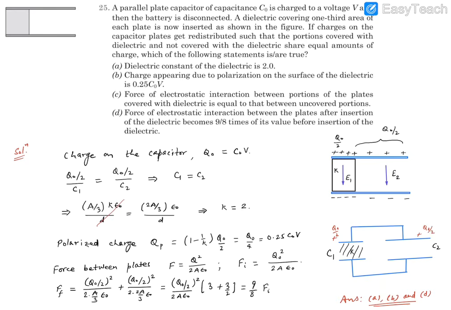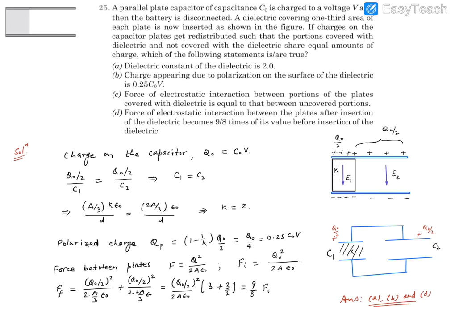If you see carefully, epsilon naught by D cancels out, A by 3 cancels out, so K comes out to be 2. That means the dielectric constant for this dielectric is 2. If you look at option A, that matches perfectly, hence A is part of the answers.